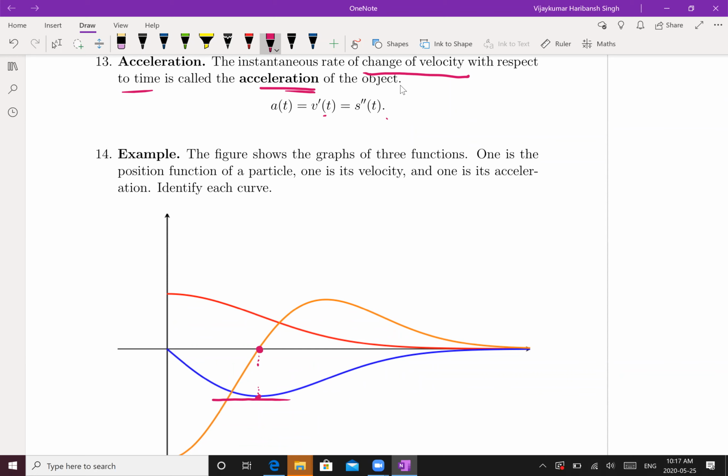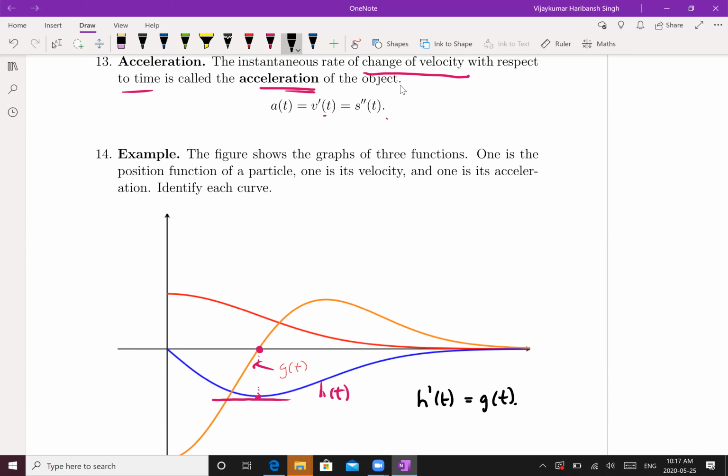So you see this orange line is following as a derivative of it. So let me call this h of t, and let me call the orange line g of t. So you can clearly see that h prime of t equals g of t, right?